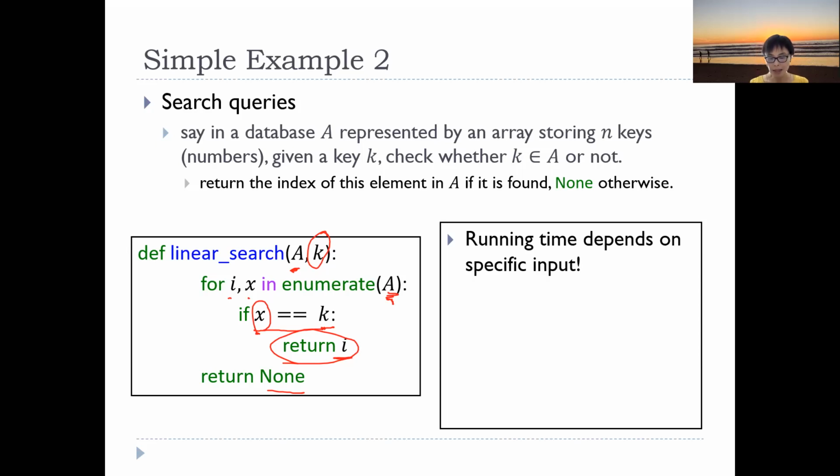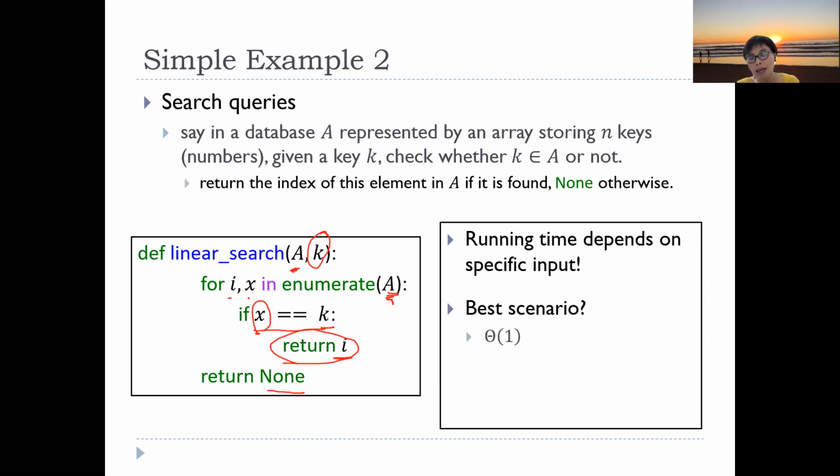Well, in the best case, we look for the key, and the first element we checked in the array is the key we're looking for. So we immediately return, right? So the algorithm only checks one element in the array and takes only constant time. So that's the best case, okay?